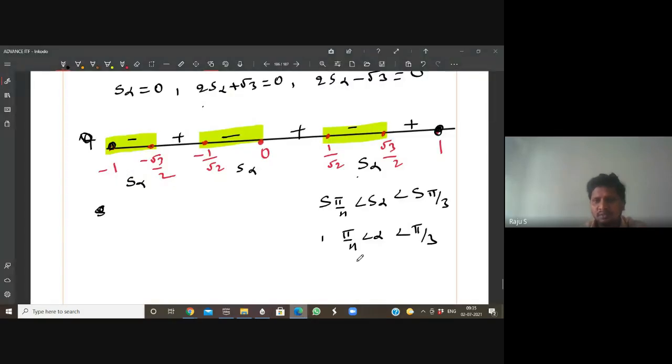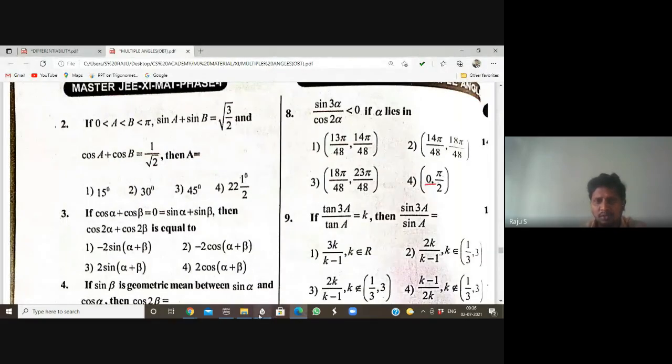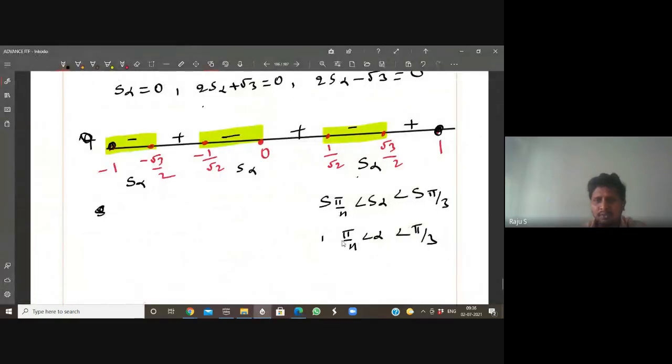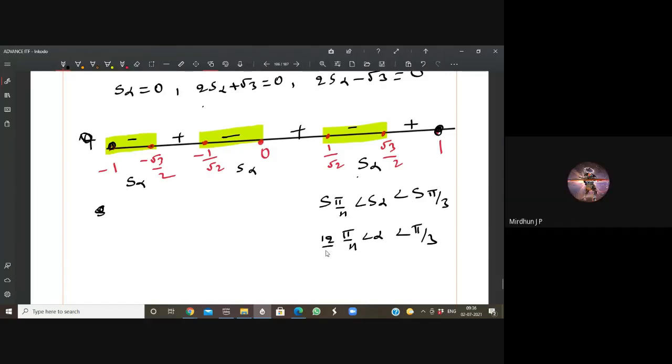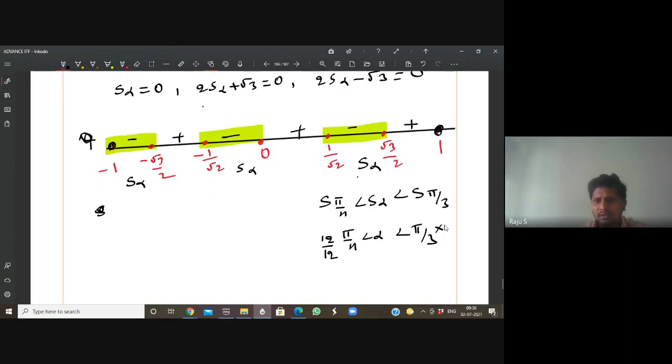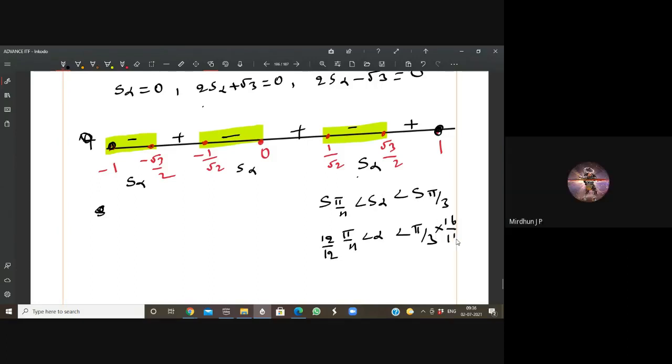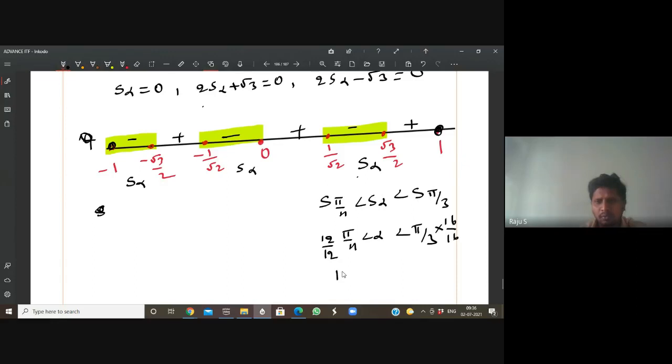So the fourth option is wrong, because 0 to pi by 2, no, here we got pi by 4 to pi by 3. So to get 48 in the denominator, how much can I multiply here to get 48? 12, sir. 12 by 12. Here to get 48, 16. Right. So what about this, 12 pi by 48 lesser than alpha, you can keep as it is.